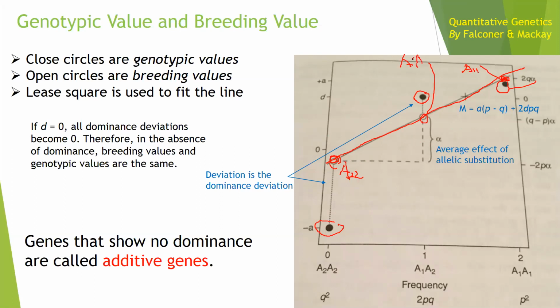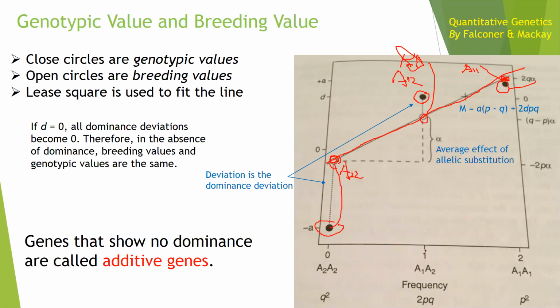So these 3 breeding values are on the regression line, and the difference between the real data, the observed genotypic value, and this breeding value is called the dominance deviation.